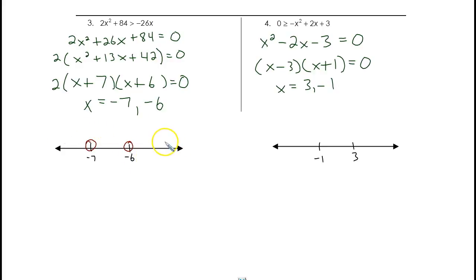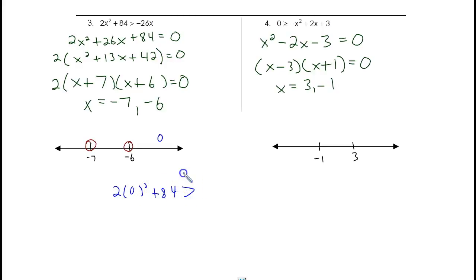The easiest number to test is 0. 0 is going to be in this section over here because it's going to go negative 5, negative 4, negative 3, negative 2, negative 1, and then 0. And 0 is always the easiest to test. So I'm going to plug 0 into the original inequality. 2 times 0 squared plus 84.